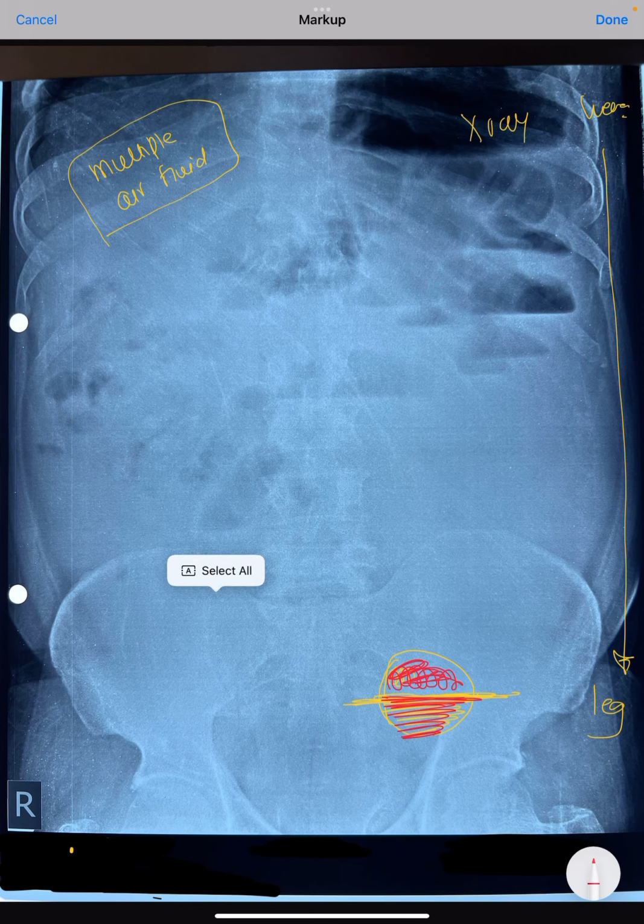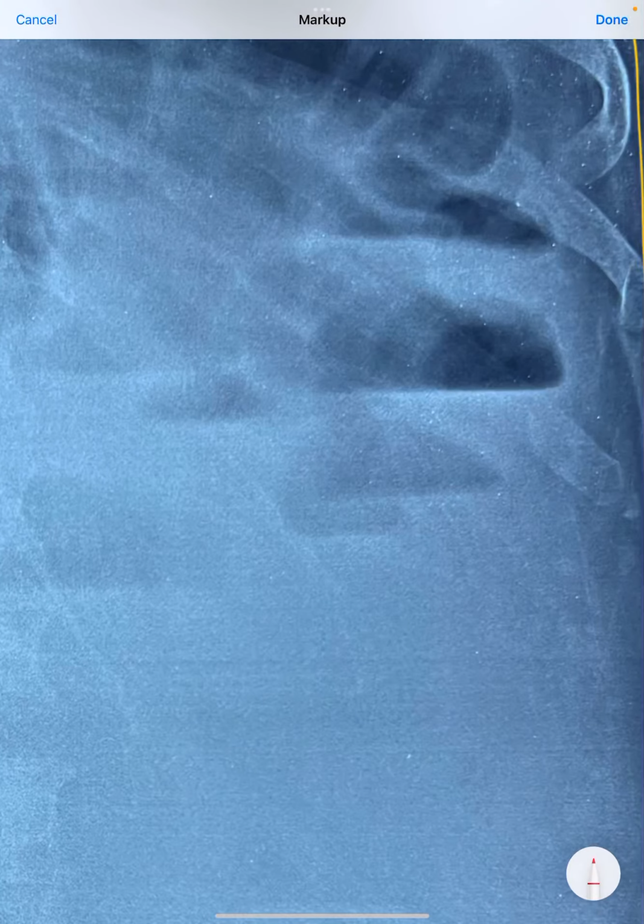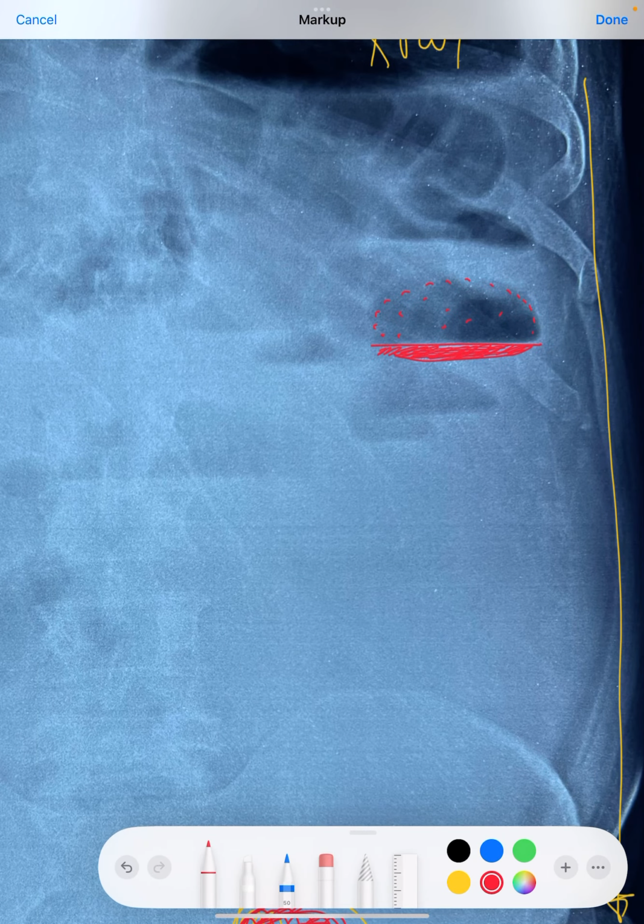When we see this X-ray abdomen erect, we can very clearly see a complete horizontal line suggestive of fluid or liquid in this area, and this is all air. So the air is above and the fluid is there. We have multiple such air fluid levels.